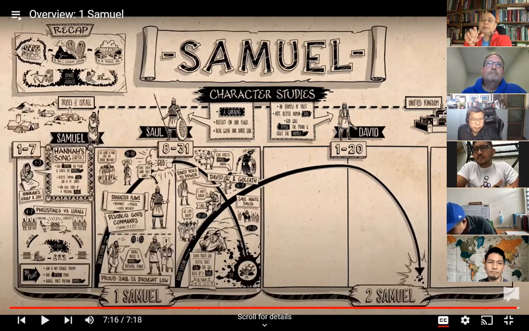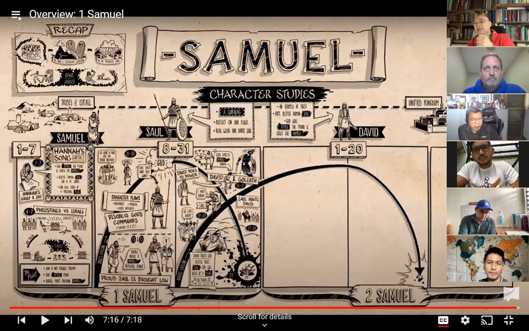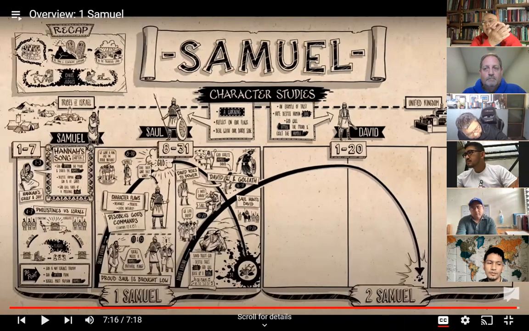But the bigger picture really is not just Samuel and Saul and David in 1 Samuel, but really the introduction of the kingdom. There is a bigger picture to the bigger picture, where I reference the importance of the introduction of David as the ancestor of the greater David, Jesus Christ.